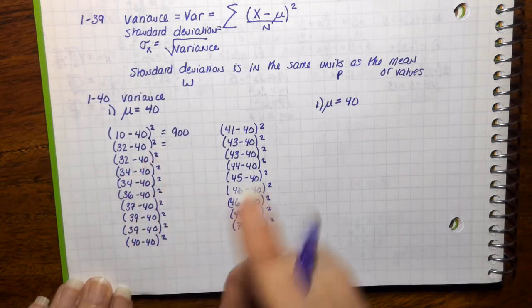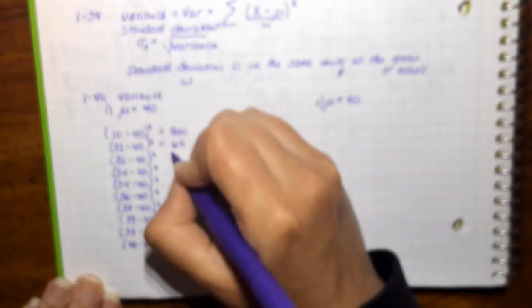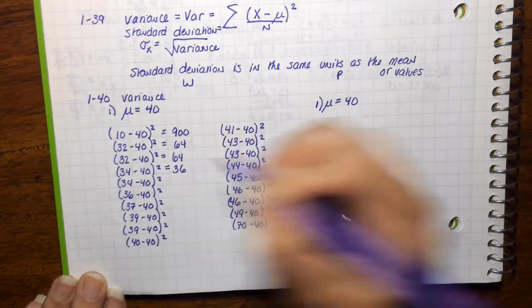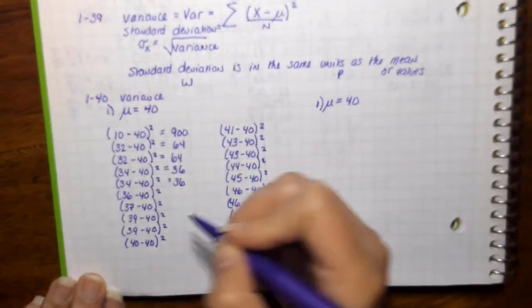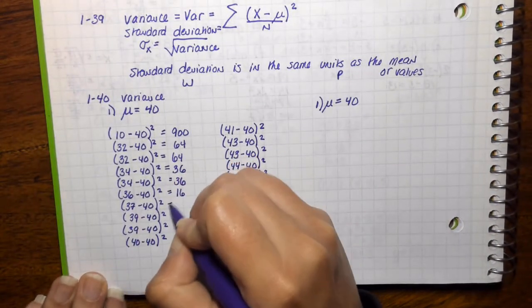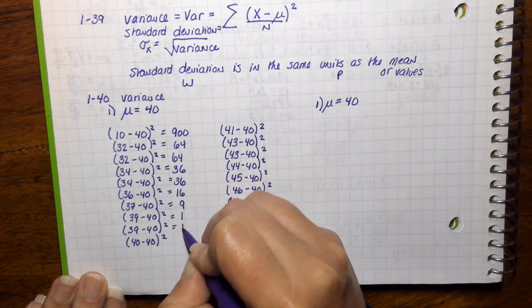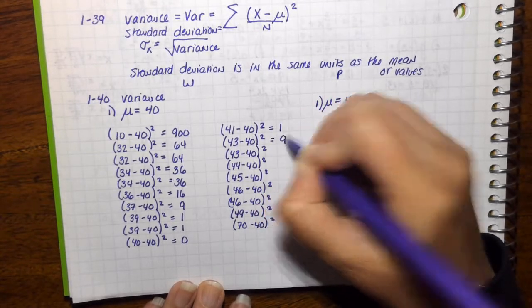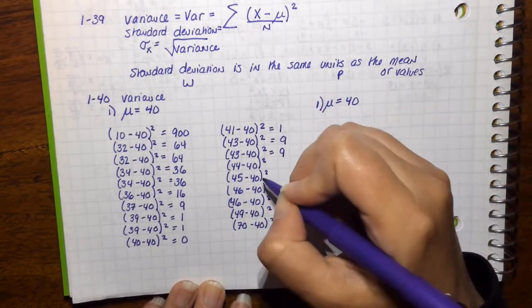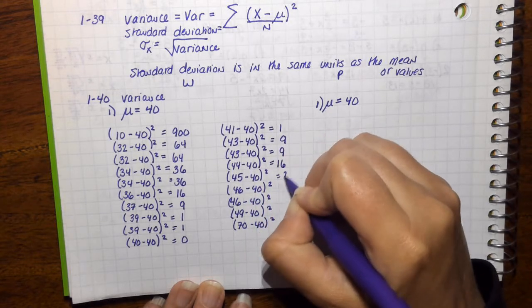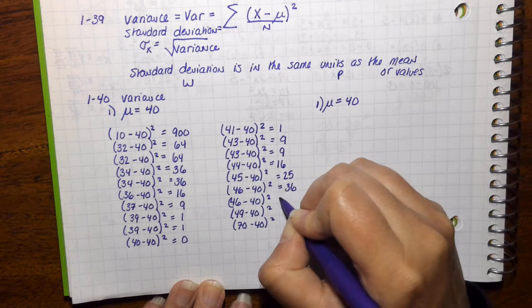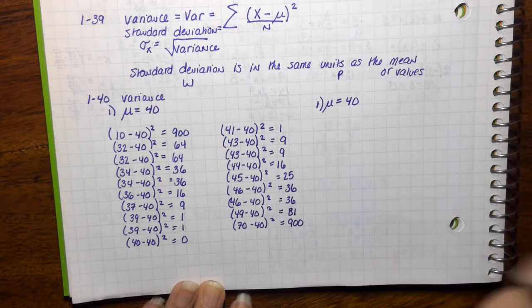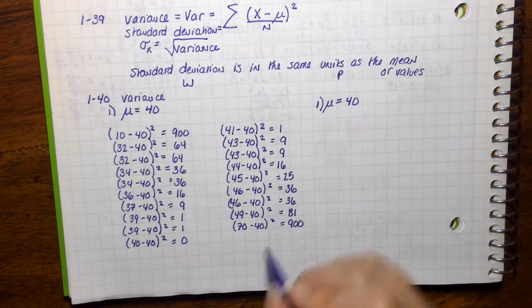Okay, so this is 8. 8 squared is 64. 6 squared is 36. 4 squared is 16. 9. 1. 1. 0. 1. 9. 9. 16. 25. 36, 36, 81, 900.